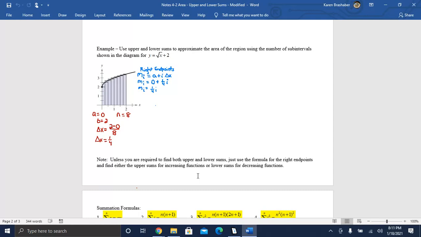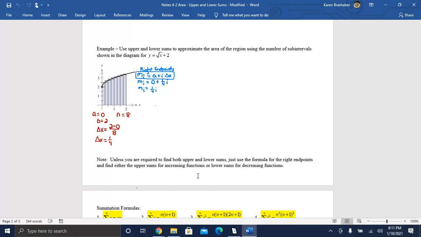So in this case, the height of each rectangle could be generalized to 1/4 i. And I could have just said i times delta X, but not every time is your A, your beginning X, a 0. So you have to take that into account. So you do need this little formula using the A, because your starting point is not always 0.